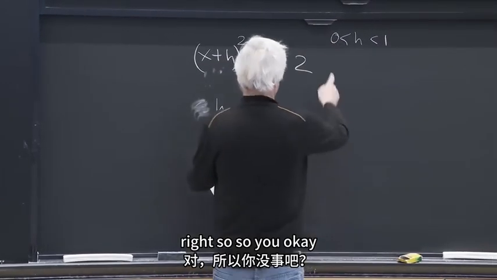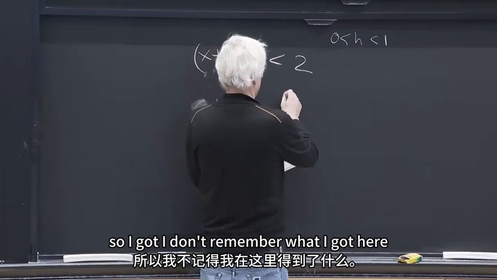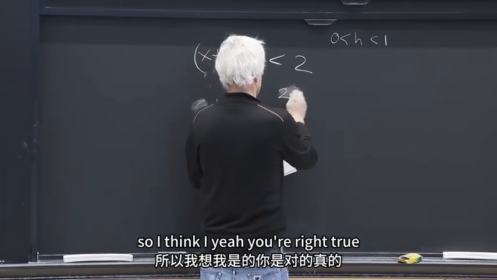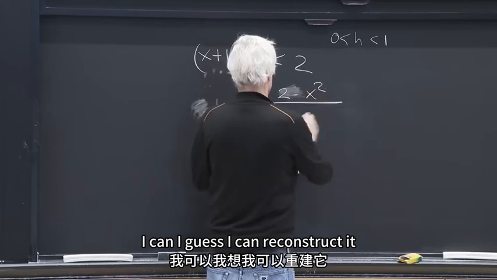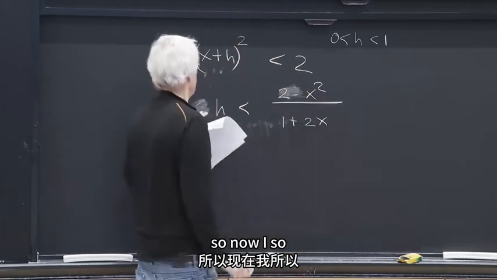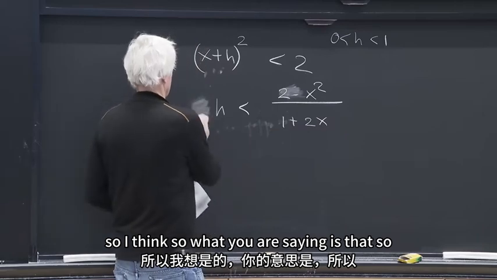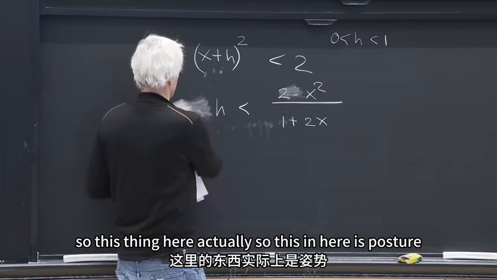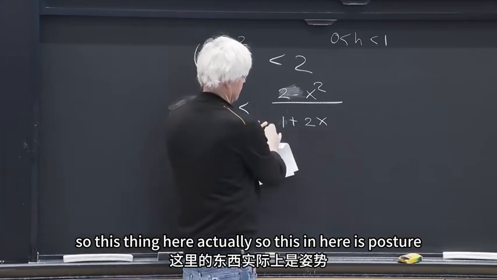Right. I don't remember what I got here, so I think you're right. I guess I can reconstruct it. What you are saying is that this thing here is positive, right?